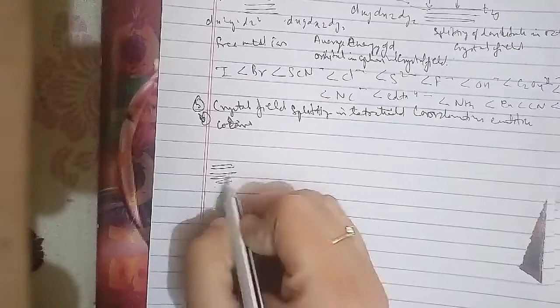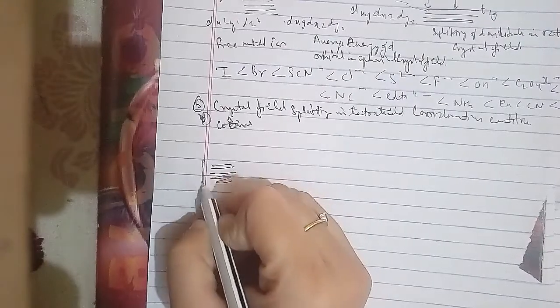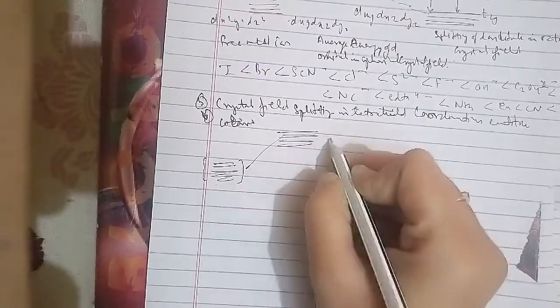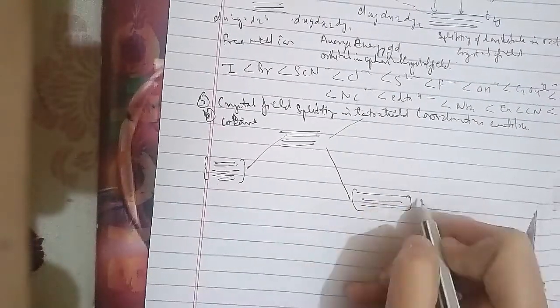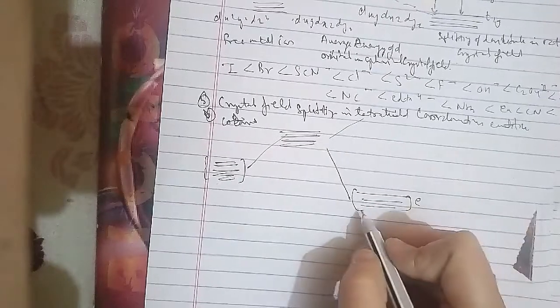This is t2. This is energy towards upward. This has been the d orbital of the free ion, and here it is your average energy.